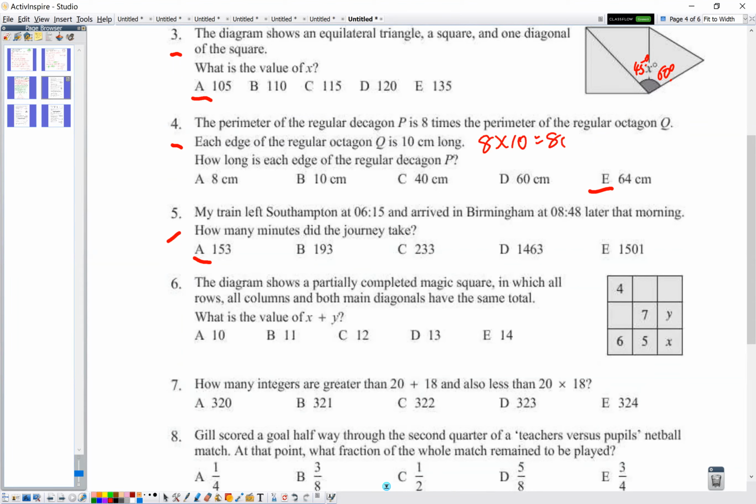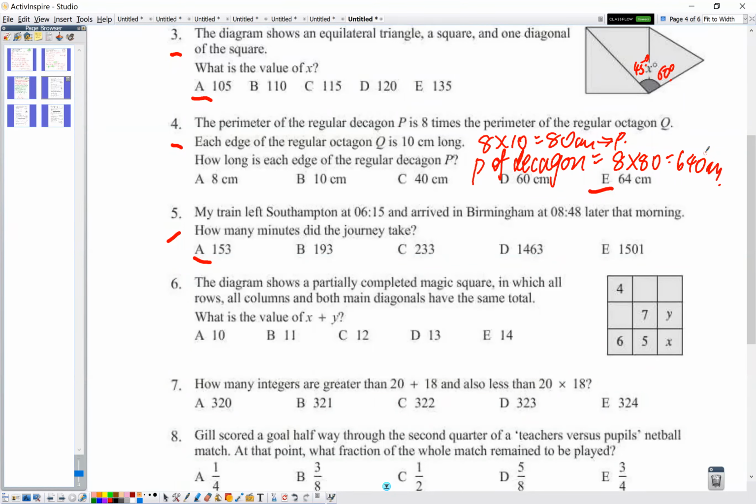Question 4, the perimeter of the rectangle for this one is 8 times 10. It becomes 80 centimeters. This is for the perimeter. So the perimeter of the regular decagon, we can get like 8 times 80. It becomes 640 centimeters.